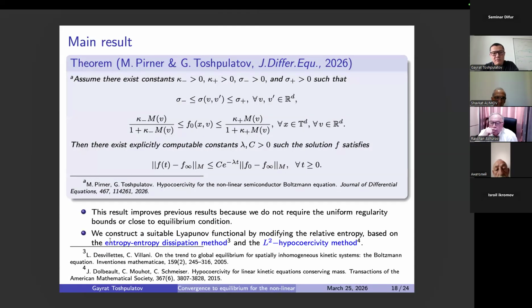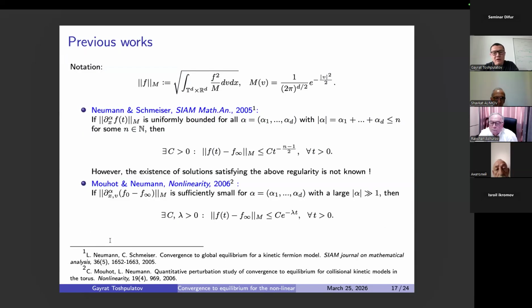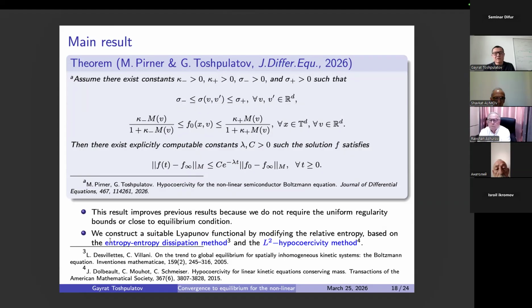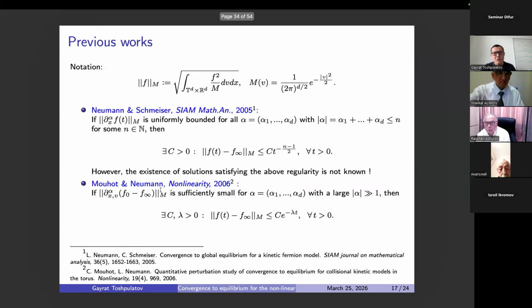For linear equations, in the recent 20 years, the long-time behavior of this kind of equations has become a very active area of research, and new methods have been developed. But all of them are only for linear equations. They work well, but for nonlinear equations, one has to require such conditions. We somehow try to improve this.